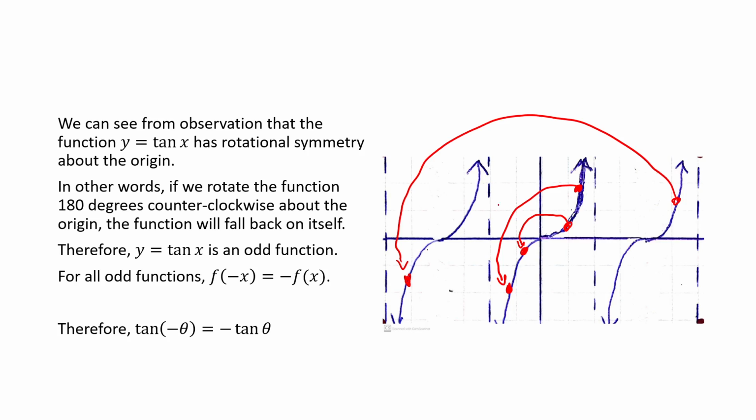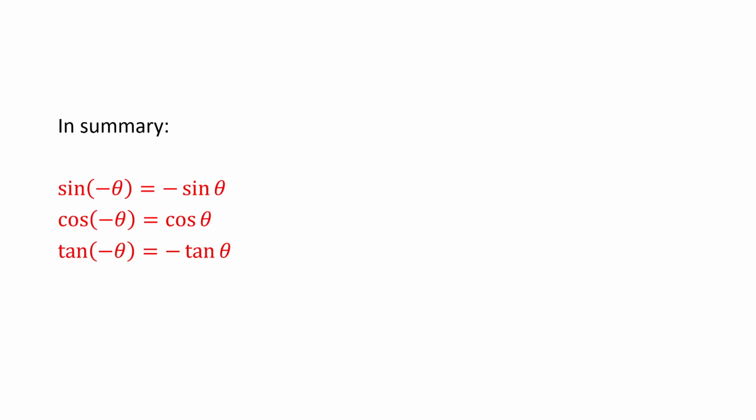And so every single point on this curve is rotationally symmetric about the origin. And so what that means is that if your function is tan, f at negative x equals negative f of x, which means the tan of negative theta is equal to negative tan of theta. And putting all that together, we can make these three identities clear to ourselves as well.